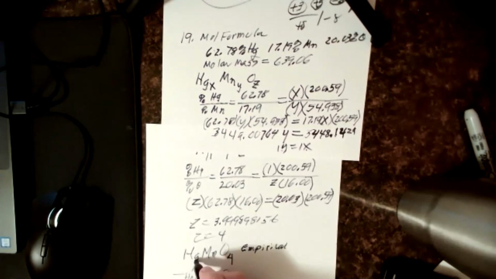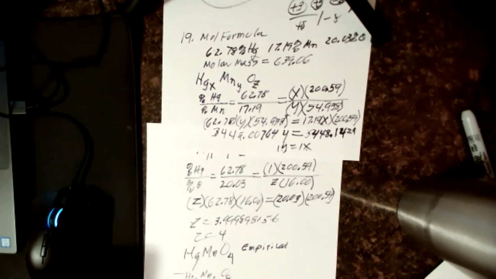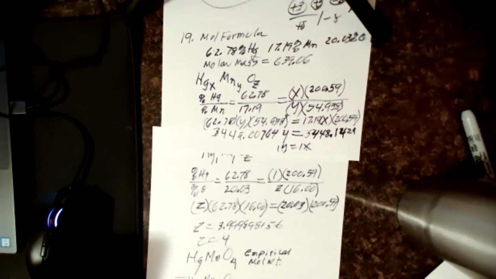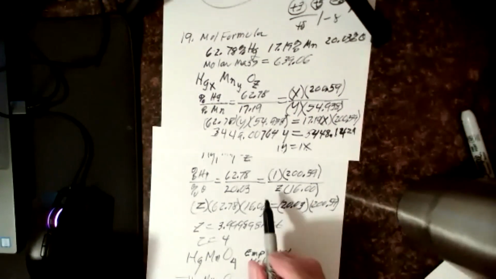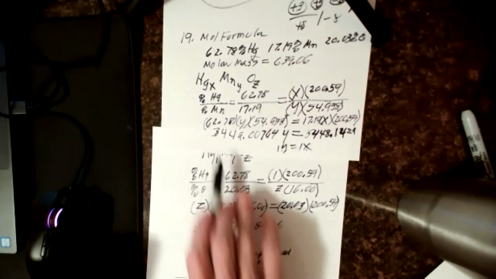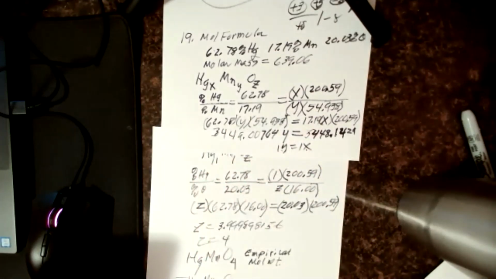The way you tell is you do the empirical weight. I'll add up the molecular weight for the compound that we just calculated. Mercury is 200.59. Manganese is 54.938, plus 4 times 16.